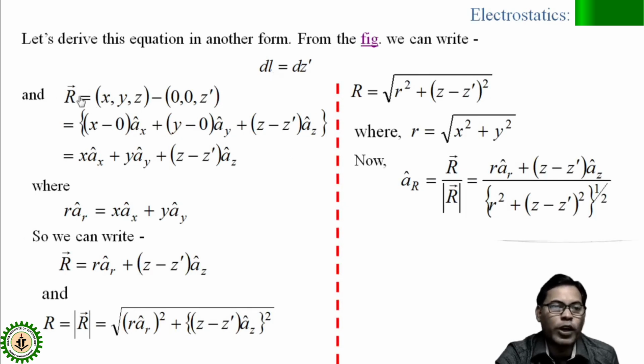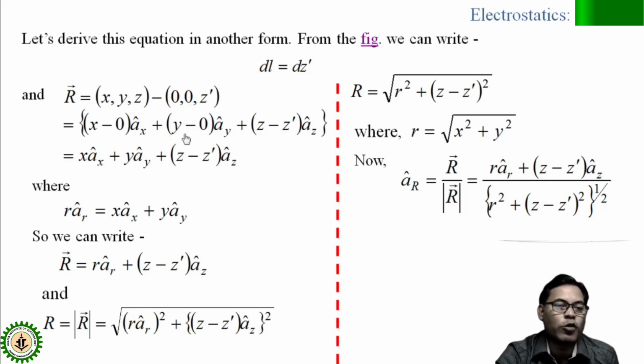Now we can calculate the R vector. R vector is the distance vector from the position where we want to find the electric field intensity, that is x, y, z, and the position of the dl point, that is on the z axis, 0, 0, z prime.